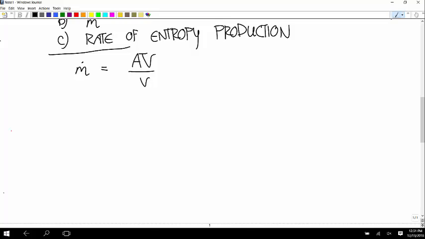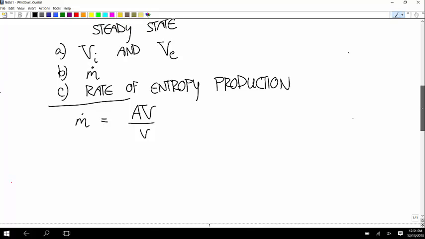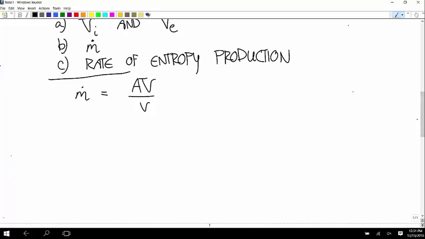Well, what do we know we have to use? We know that we're going to use a control volume approach. So let's write out what we know about a control volume. We have the entropy balance equation, and we have the first law.